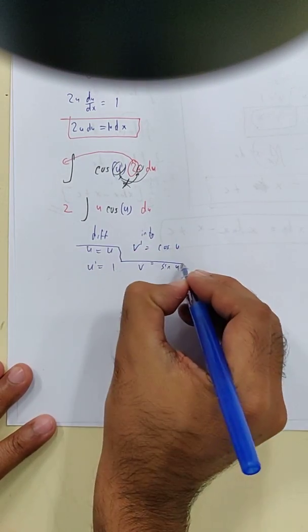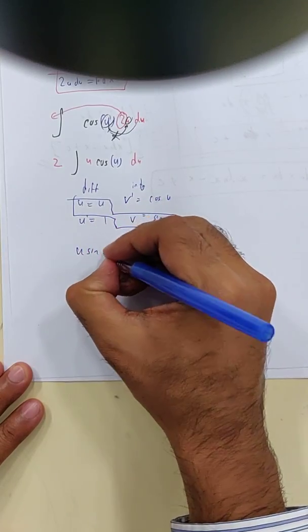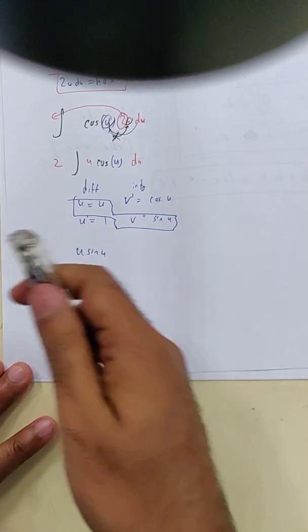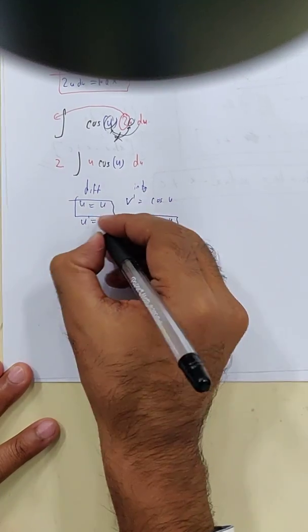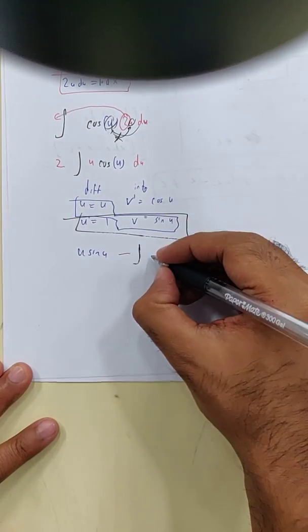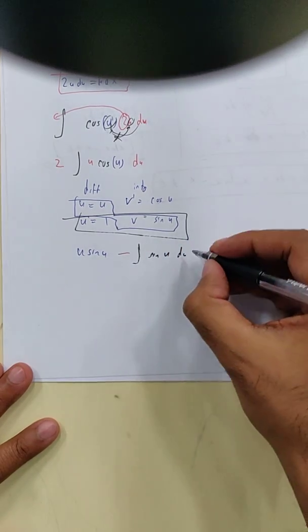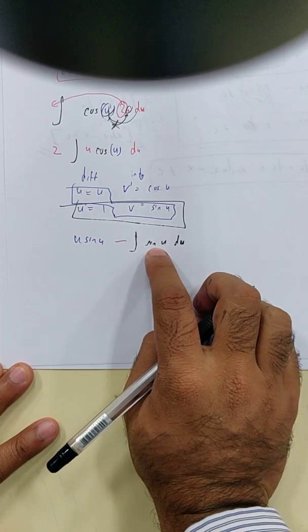So, u sine u minus integrate sine u du. Du or dx? Du because it's here u.